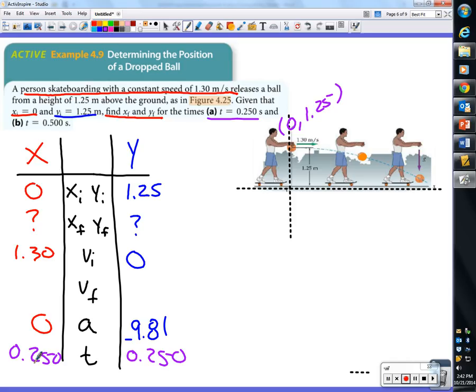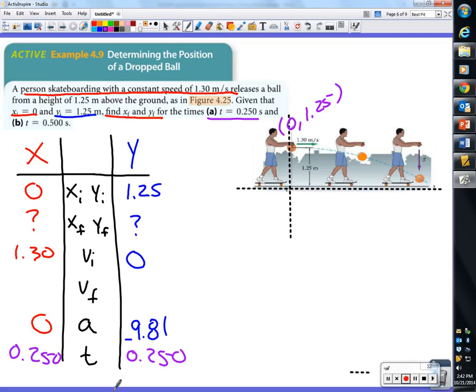Now, in this case, Krista, they chose to make the origin in a different place from where the basketball actually starts. So it didn't specify the origin. That would change these two numbers, but it wouldn't change any of these numbers.